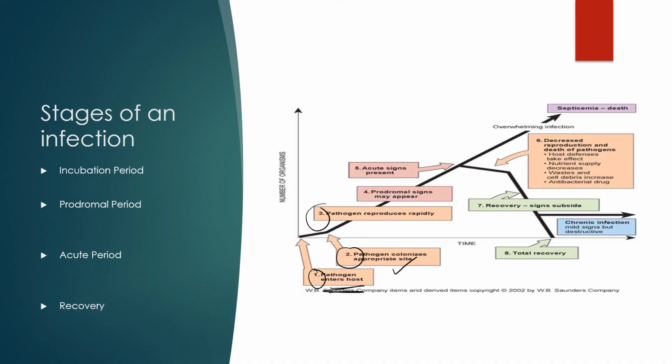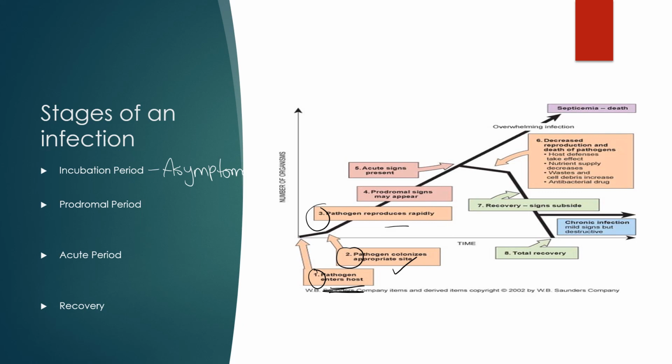So that's number 3, where it's reproducing very rapidly. In the incubation period, you want to ask, how does the client feel? Actually, the client still feels well. The client is asymptomatic, meaning the client has no symptoms during the incubation period.